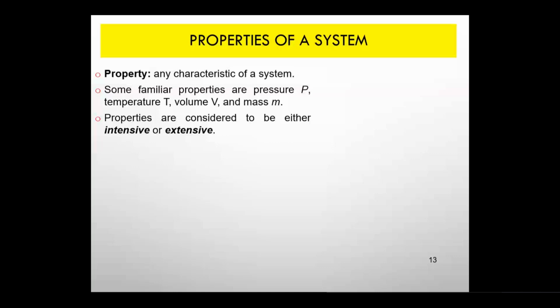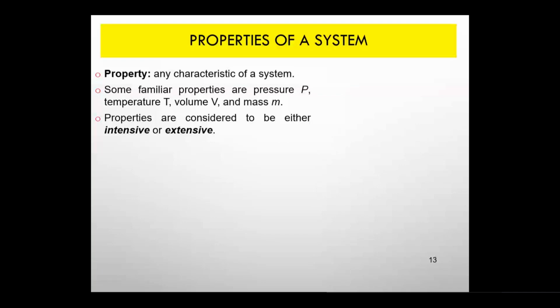Clear? Similarly, if I talk about mass, what would happen to mass? So it is essentially dependent upon the mass. It's an extensive property. All the intensive properties such as pressure, temperature, density, which are independent of mass, are expressed as small letters, with the exception of pressure and temperature, which are written in capital letters.